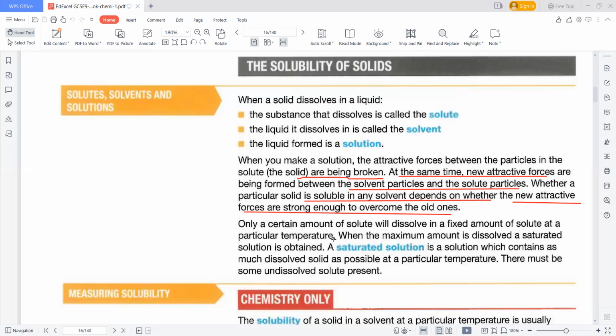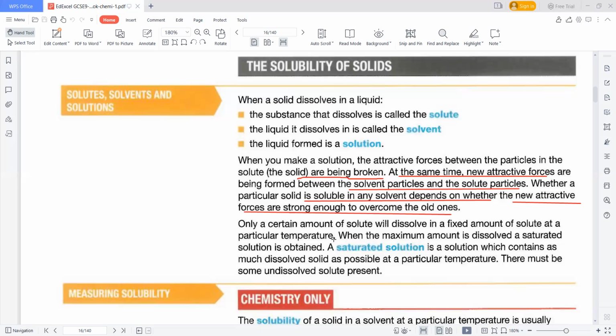Then I add 4 more spoons, and it dissolves. After a certain point, it reaches a stage where it is unable to dissolve any more solute. When the maximum amount of solute is dissolved in a solvent, this is called the saturation point.